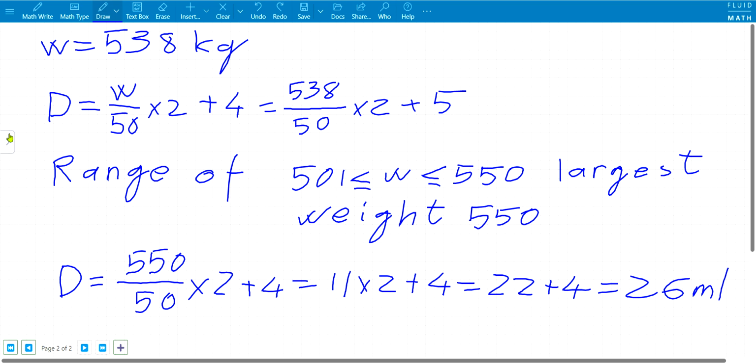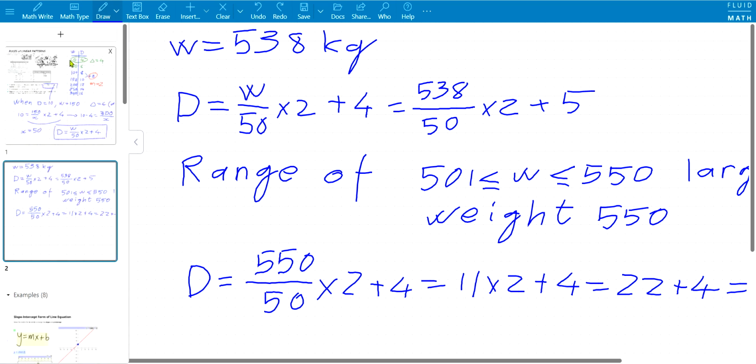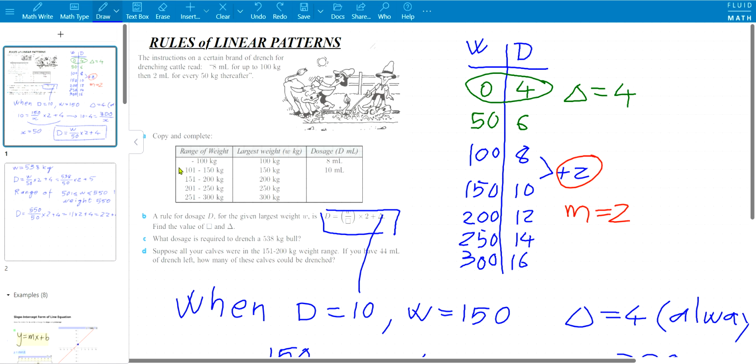But in the text, they say that there are ranges of weight between 101 and 150, between 151 and 200. So they go in 50 kilograms. There is nothing to suggest that I will go up here.